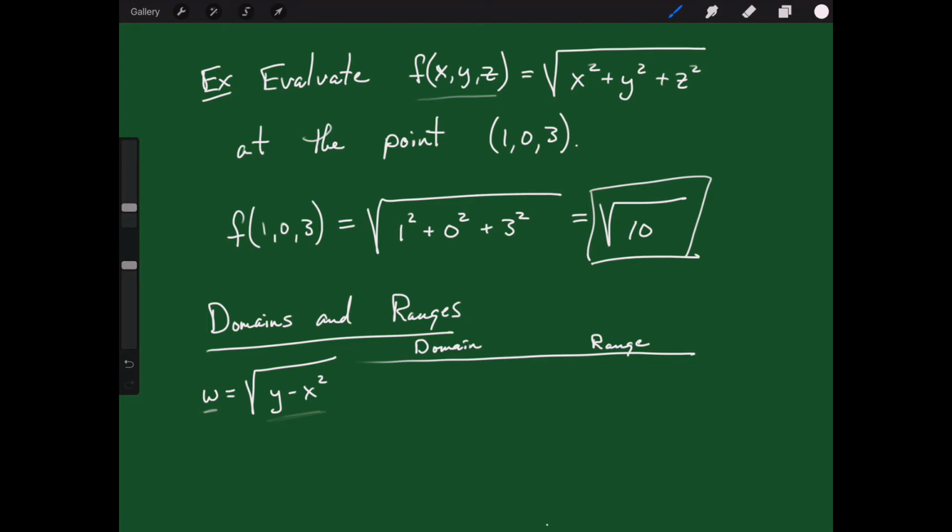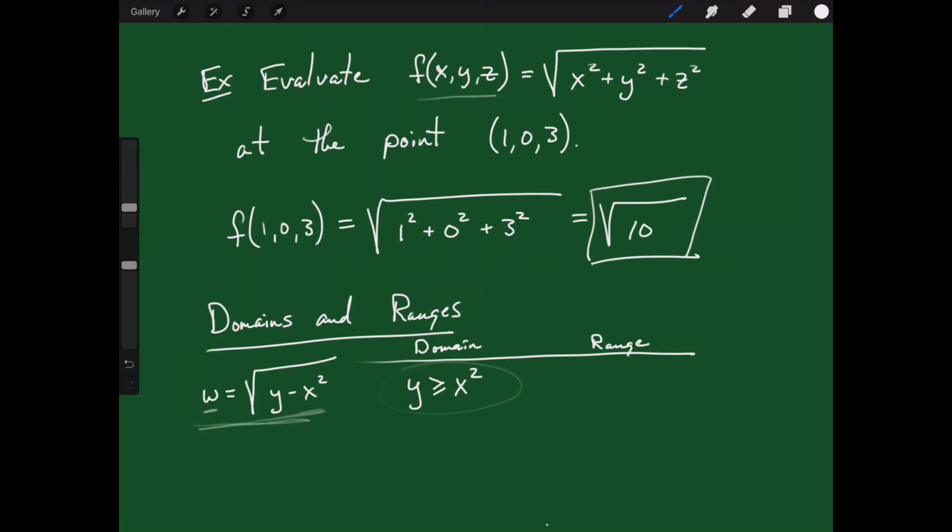But for y minus x squared to be greater than or equal to 0, then y needs to be greater than or equal to x squared. So the domain is this graph in 2 dimensions. Okay, so we could graph the domain in the xy plane and see what xy values are legal to plug in to this real valued function.